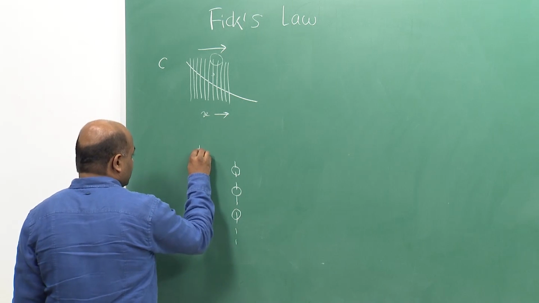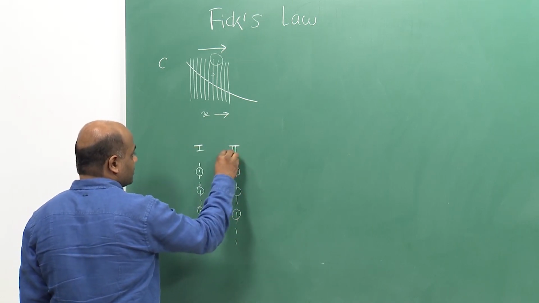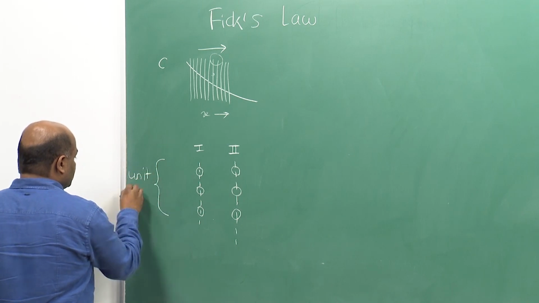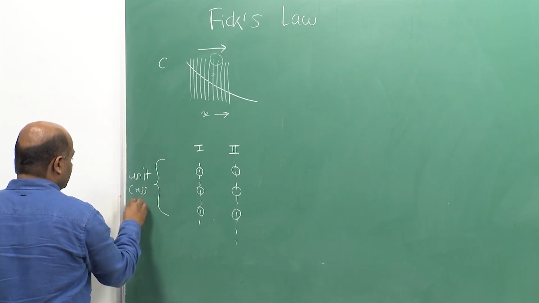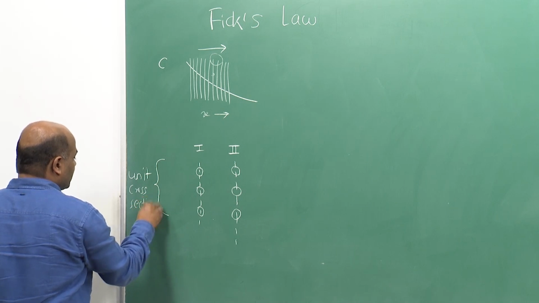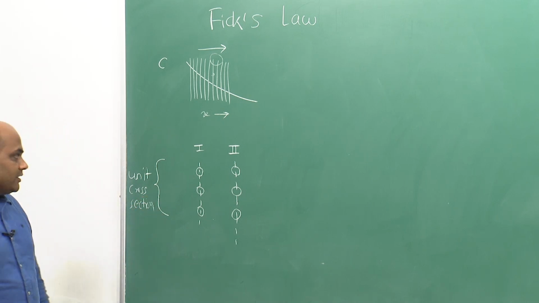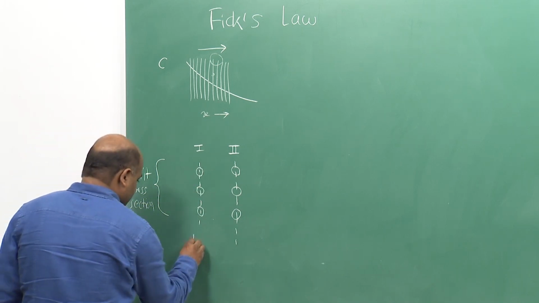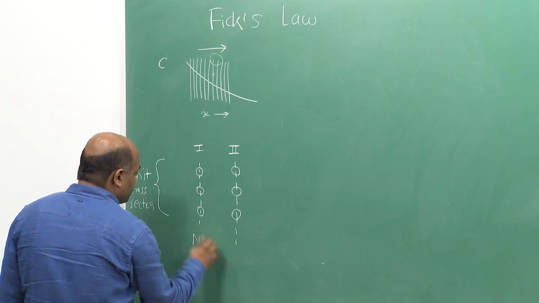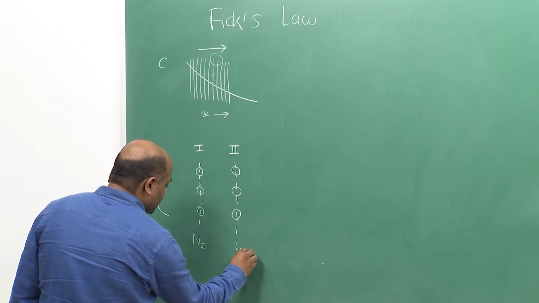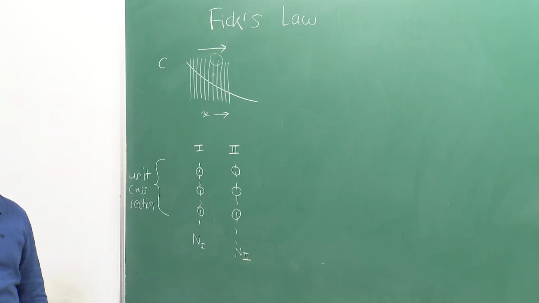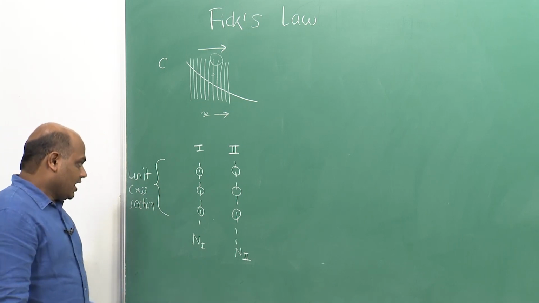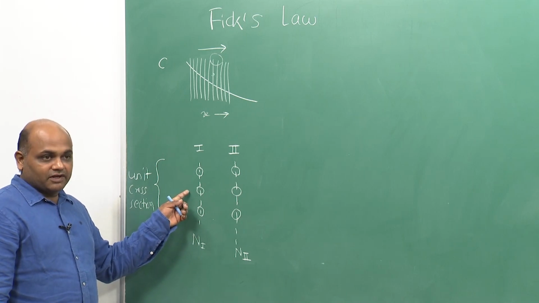let us call this plane 1, this plane 2, and suppose we are considering unit cross sectional area of the plane. So, let us say there are n1 number of atoms per unit area on plane 1 and n2 number of atoms per unit area on plane 2. And each atom is vibrating with certain frequency.